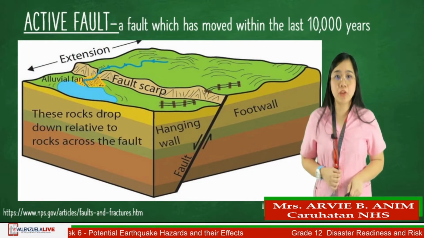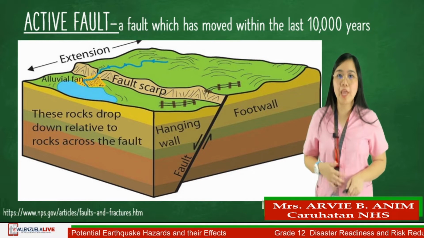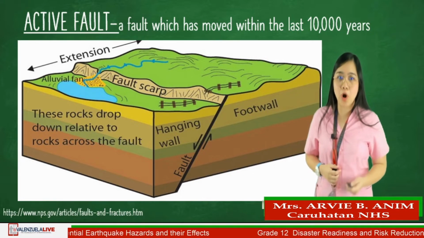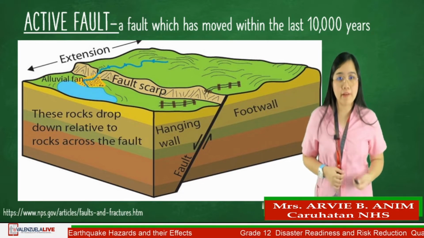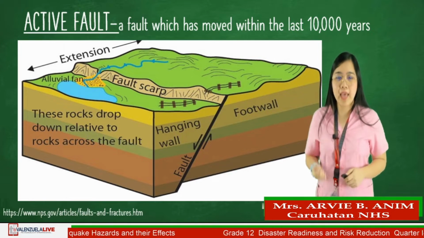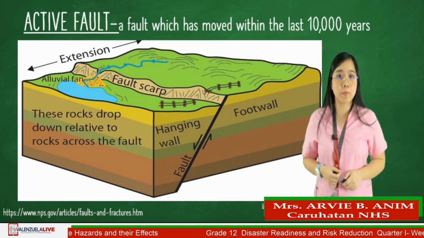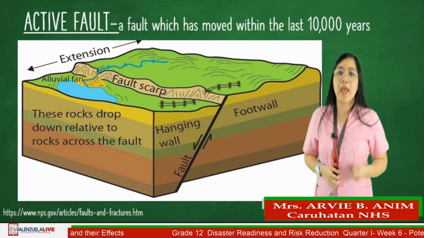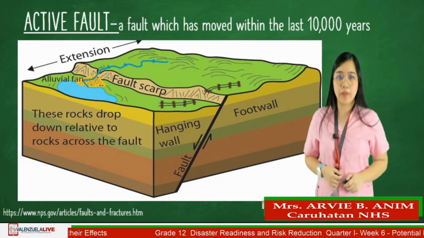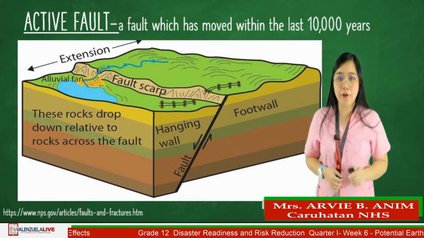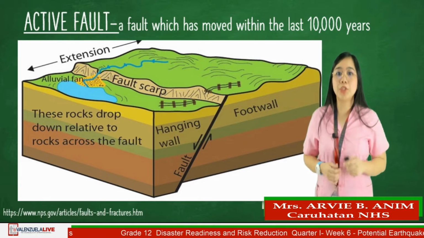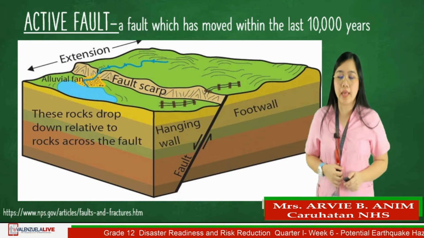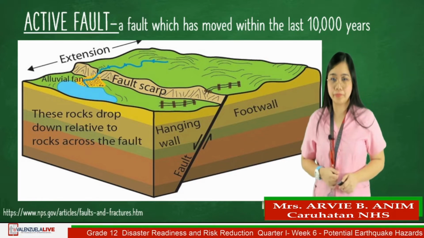A fault is said to be an active fault if it has historical and contemporary seismicity, has evidence of fault slip based on displaced rocks or soil units of known age and displaced landforms. An active fault is defined as a fault which has moved within the last 10,000 years.